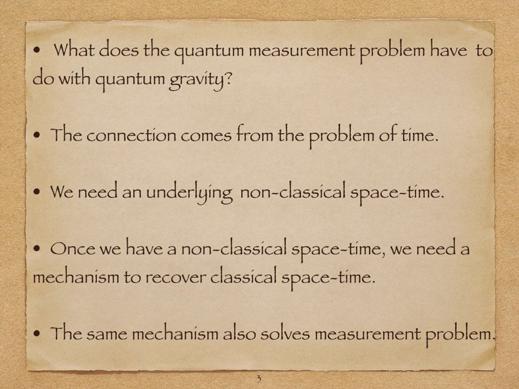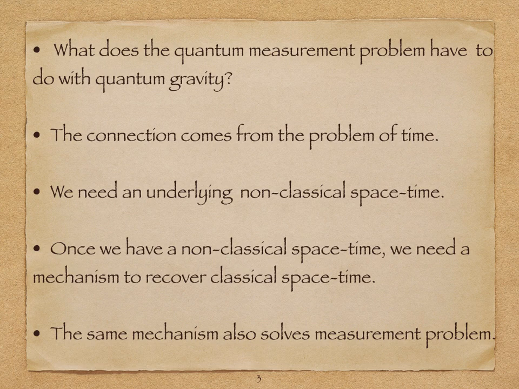So we have to go away from the classical space-time because of reasons that we saw, the Einstein hole argument. We have to go away from the classical time, but having done that, we also have to recover classical time. And it turns out that a natural mechanism which allows us to go from non-classical space-time to classical space-time is spontaneous localization, the same mechanism which also solves the measurement problem.